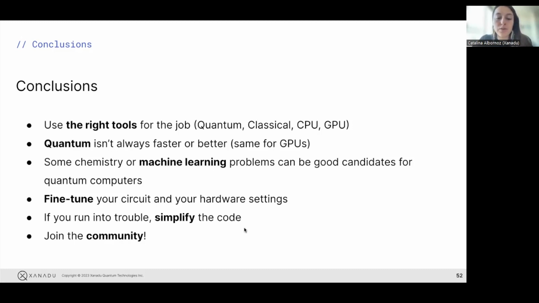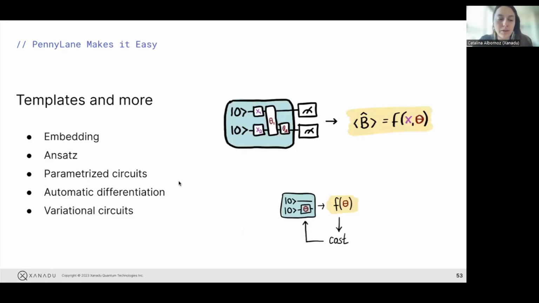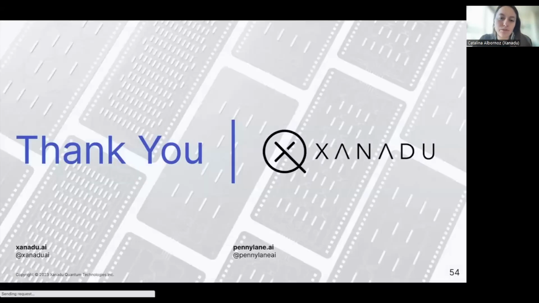And if you do run into trouble, maybe not a technical problem like us, but a specific coding trouble, you can always try to find the minimal version that you can, kind of like our Hello World version of the problem that you're having, and then the community can help you better. And there are a lot of tools available in Pennylane and in the ecosystem to help you with that. So thank you so much.